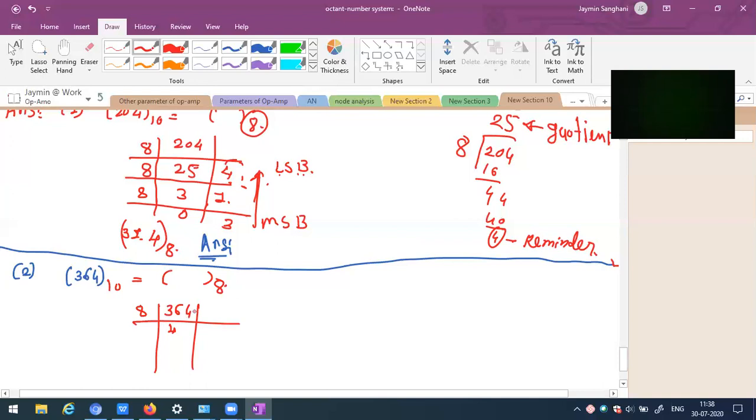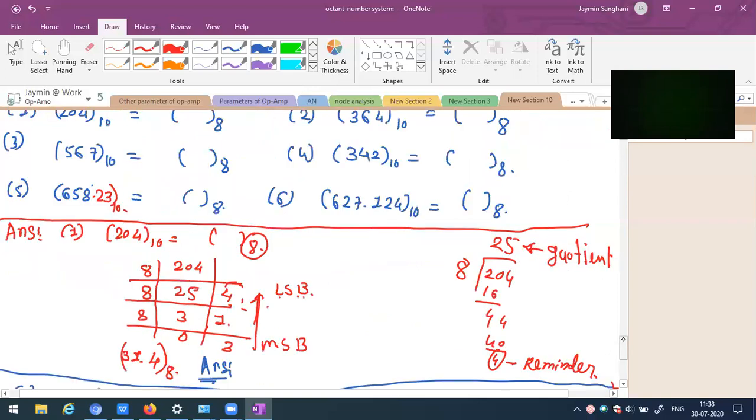And this 4 and 4, 44. 8 5s are 40, so remainder is 4. Now 8 5s are 40, remainder is 5, 8 0. Remainder is 5. It is known as most significant bit, and this is the least significant bit. So 554 is the octal number conversion.